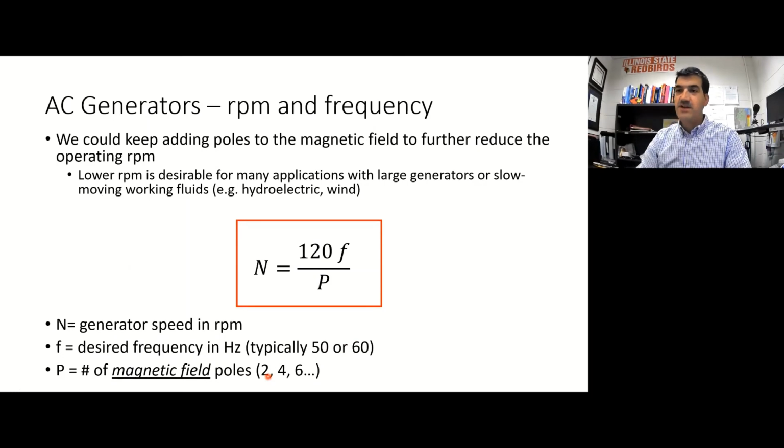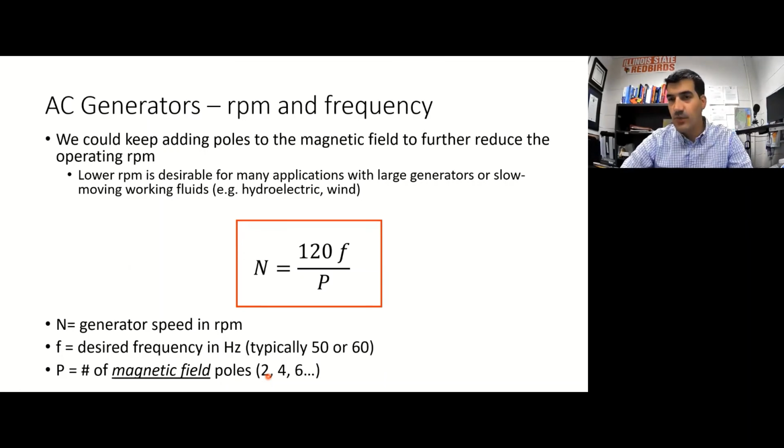All right, so that was a kind of qualitative description leading up to this formula, but now I'm going to give you a formula so you don't have to think through, okay, what's my ratio of magnetic field poles to physical rotations? You don't have to think about that like I was talking about in the video that I showed earlier.